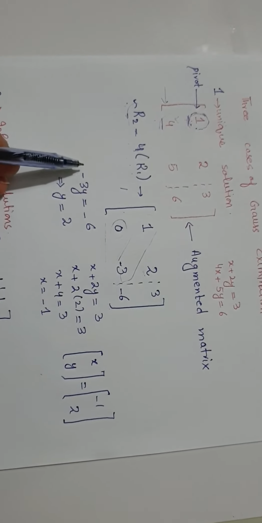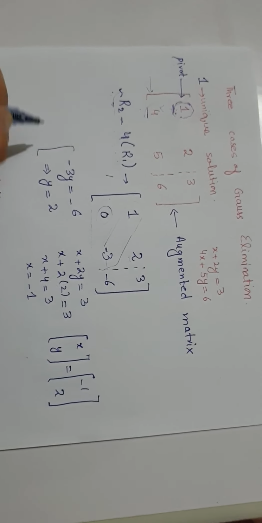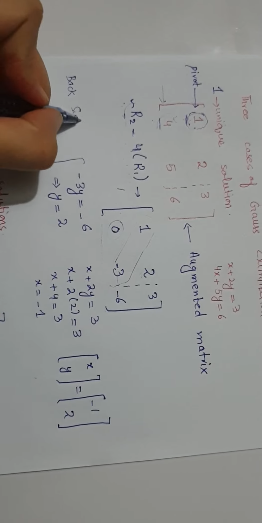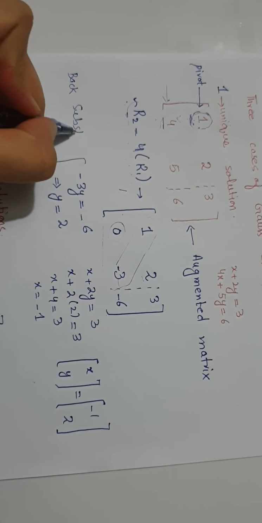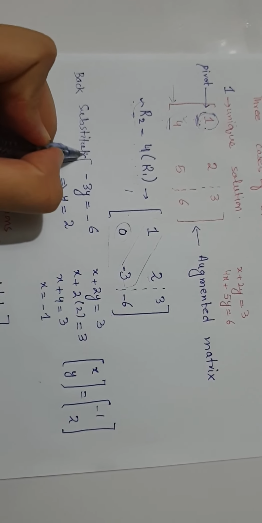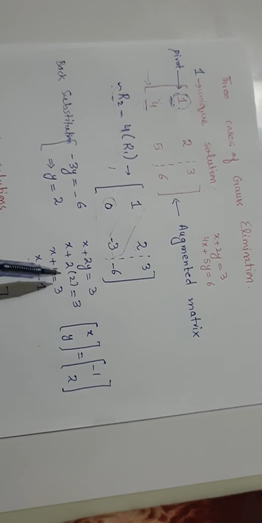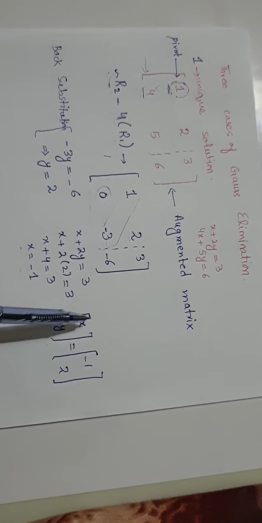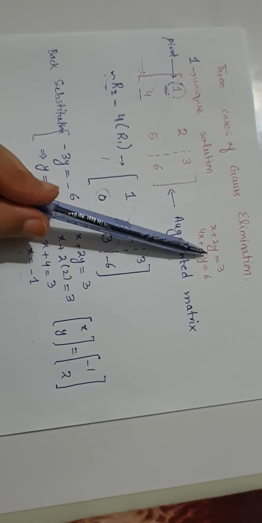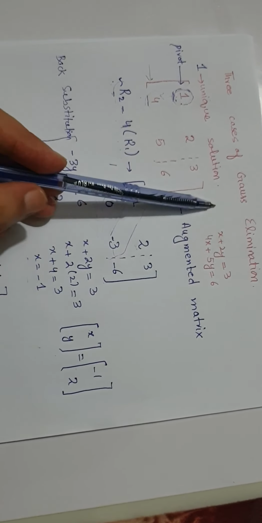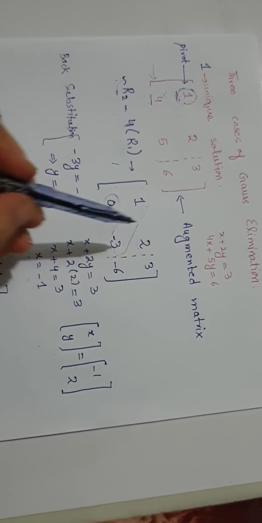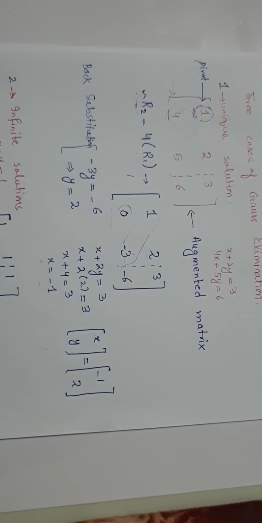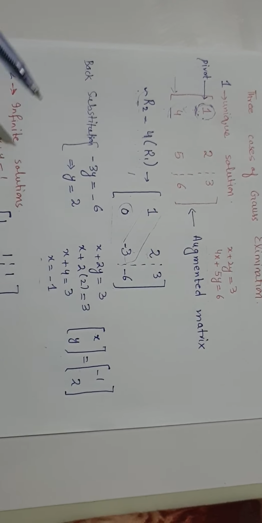Then we perform the second step, the back substitution step. In this way I have determined the unique solution of my system. If I put the values of x and y in these equations, our system will be verified. This was the first case, when the unique solution exists.